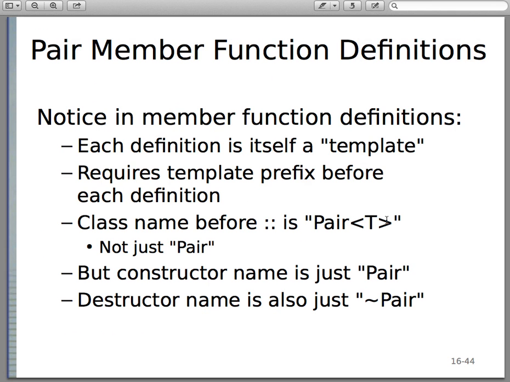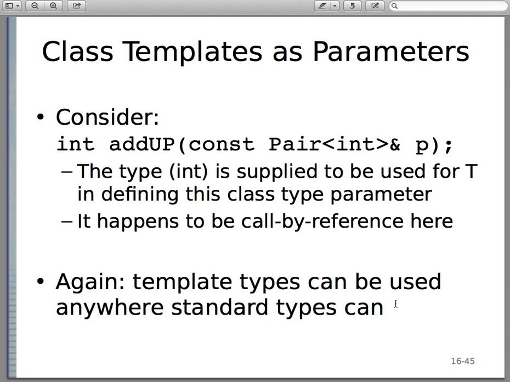But the constructor name is just the name of the class. So you don't have to say pair angle brackets T, scope resolution, and then pair for the constructor name. No. Constructor name is just the name of the class. There's nothing there with the angle bracket stuff. Destructor name is also tilde and the name of the class.